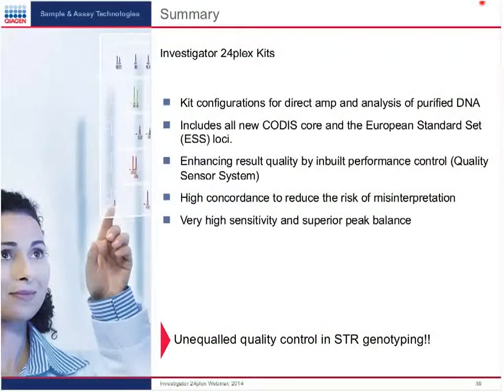We have a very high sensitivity with a superior peak balance, so the baseline is very flat, and it's very easy for you to call a certain allele. So there's a very nice signal-to-noise ratio, good peak heights, and a really good peak balance.